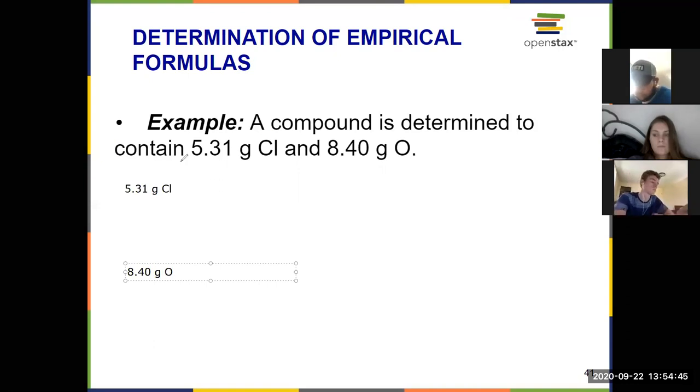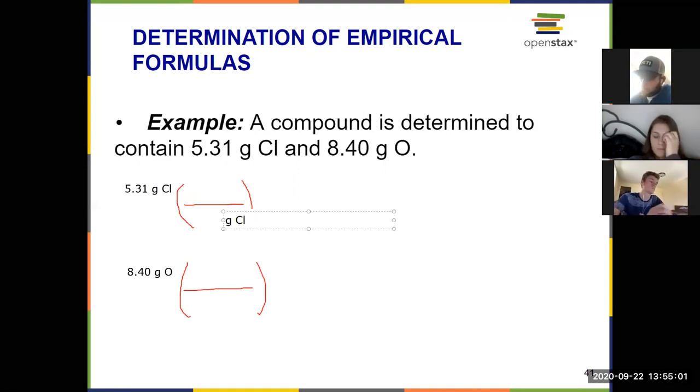So I set up my conversion factors. I'm using dimensional analysis, and I'm converting from grams to moles in each case. I want grams of chlorine to go away, so it's going in the denominator there. Grams of oxygen here.